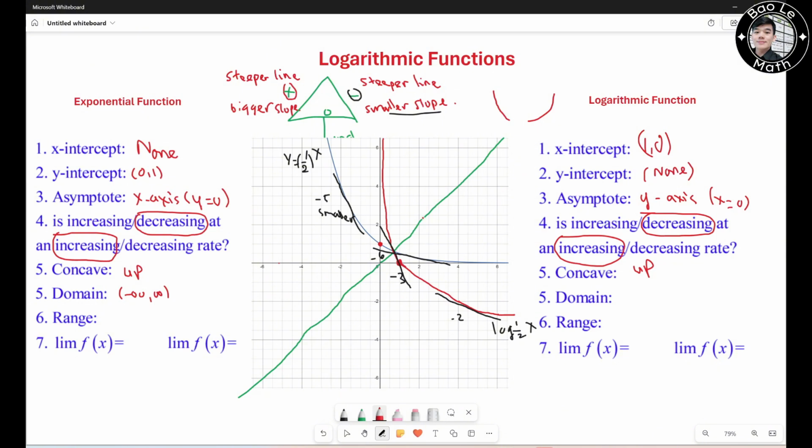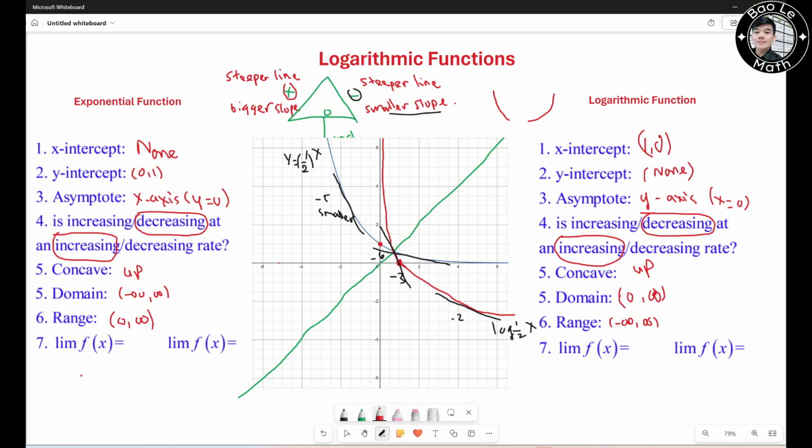The domain for this guy is from 0, because the function never crosses the y-axis, so it's from 0 to +infinity. Now the range: the exponential function is above the x-axis, so the range should be from 0 to infinity. And the range for the logarithmic function is going to be -infinity to +infinity, because it keeps going down and this guy keeps going up.